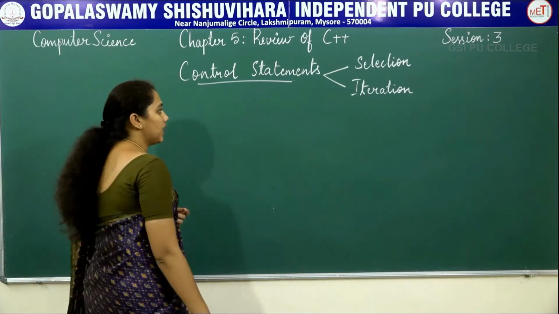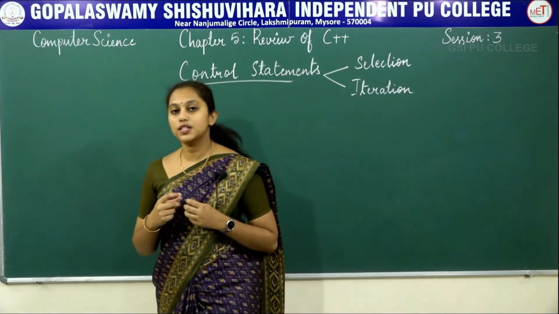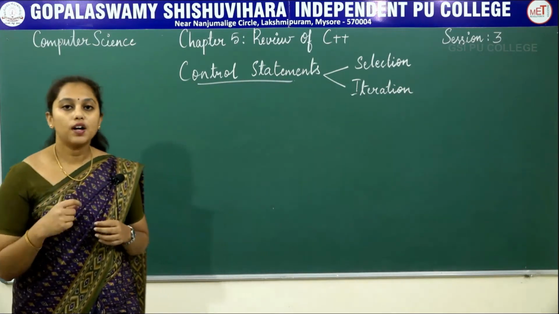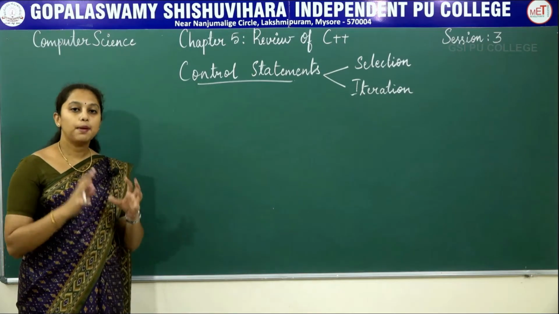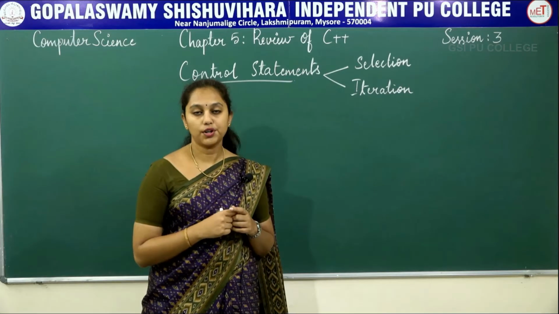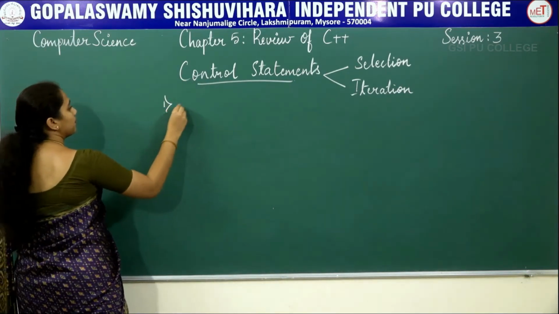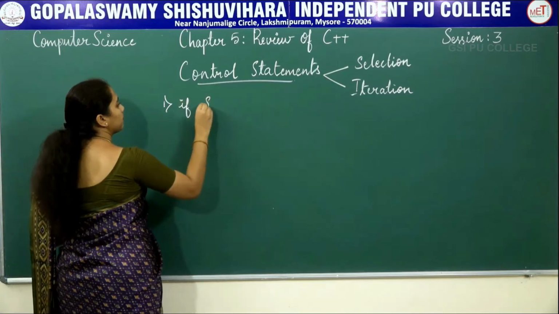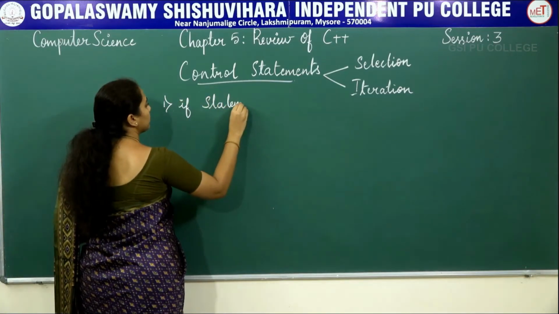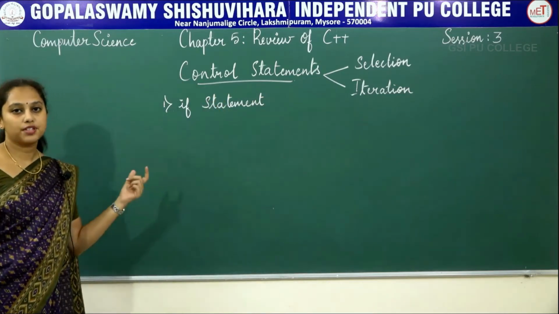So what is selection statement? Selection statements are the statements which allow us to select a statement or a set of statements based on some condition. In selection statement, there are four types. The first one is if statement.